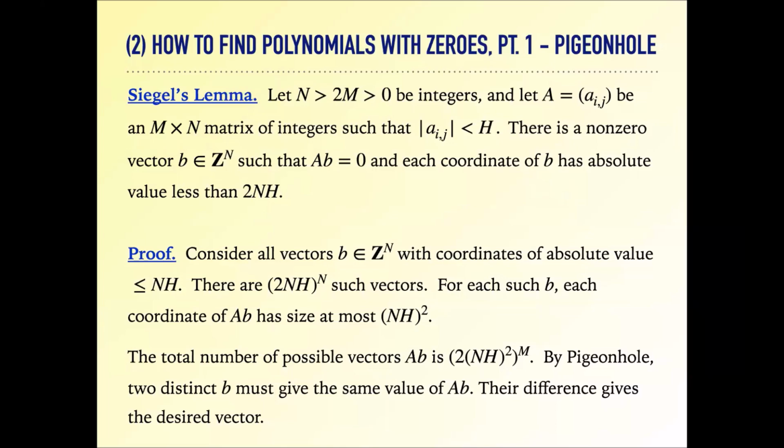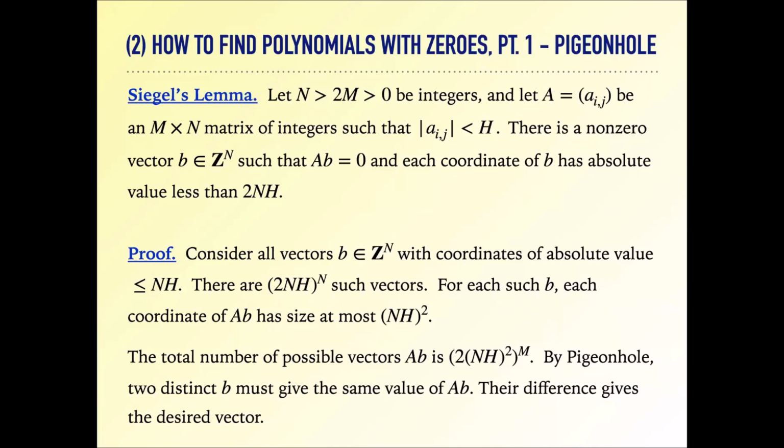So therefore, because it's a linear map, that means that there are differences in the kernel, right? So consider all vectors in Z to the n with coordinates of absolute value at most nh. How many of those are there? There's 2nh numbers with absolute value less than or equal to nh. Okay, maybe up to a +1 here. I'm not going to worry about that. And it's in Z to the n, so there's n of them, so you raise it to the nth power.